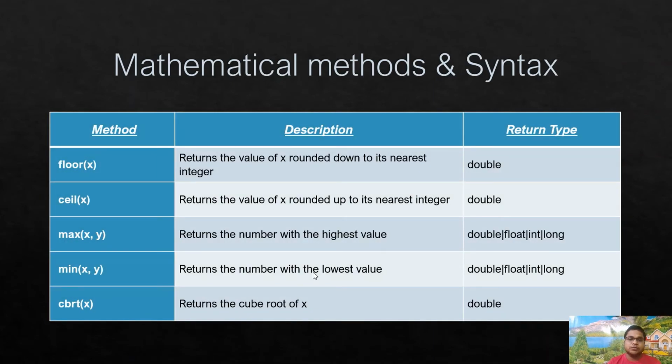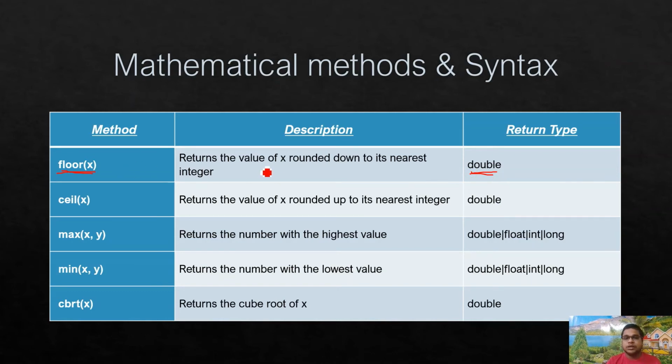Here is the next math function, that is floor. Inside the parentheses you have to take a single argument, that is x. It returns the value of x rounded down to its nearest integer, and its return type is also double.